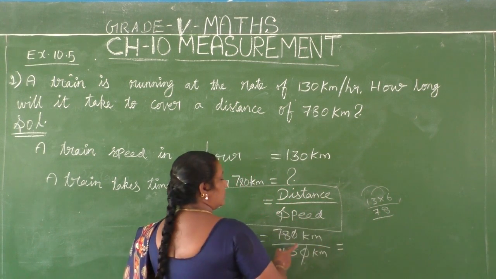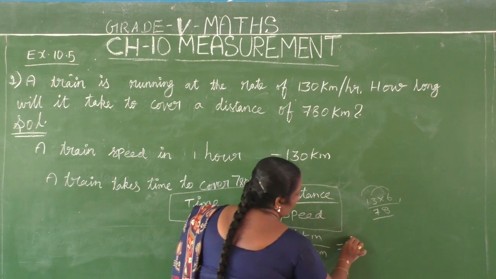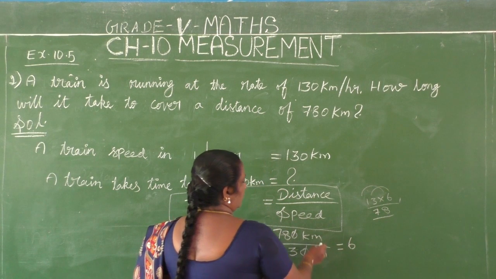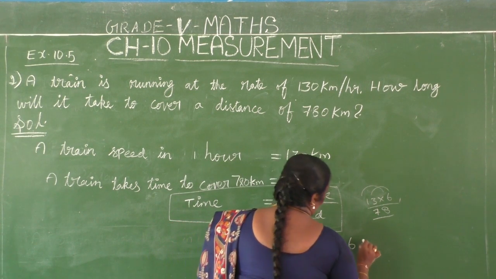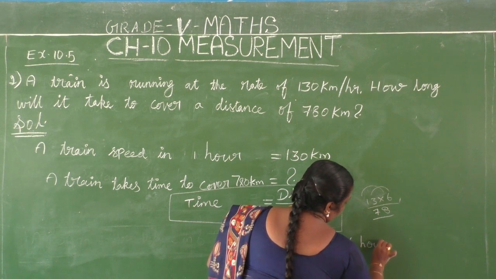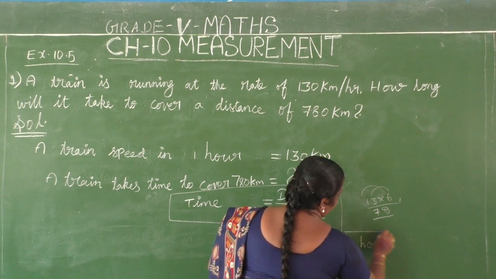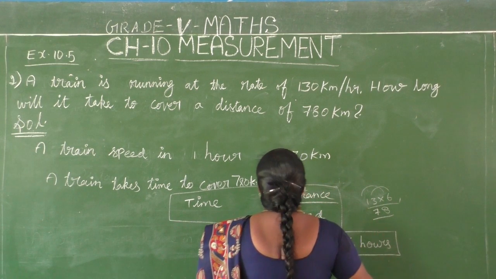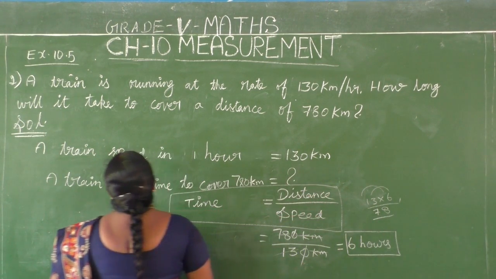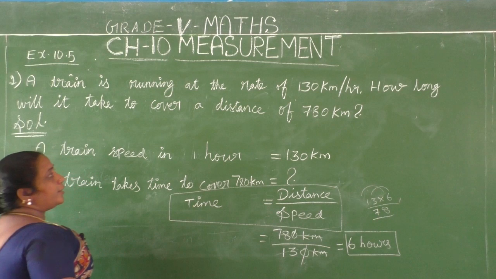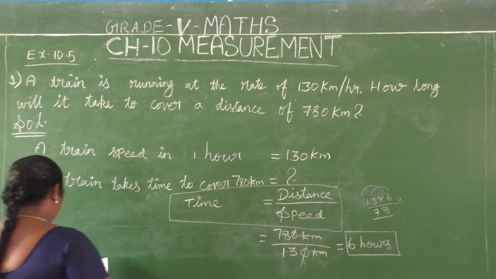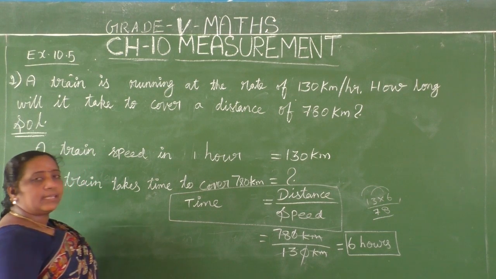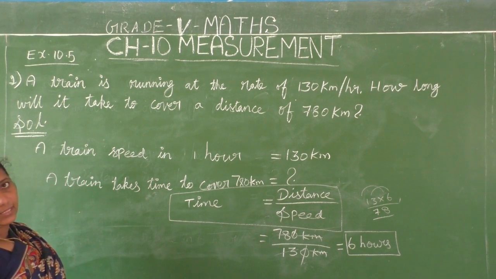So 6 times. So you have to cancel kilometer for kilometer. Okay, so 6 hours. What is the time? 6 hours. Now we found the timing. How long the train will take to cover the distance means it takes 6 hours. 6 hours is the answer.